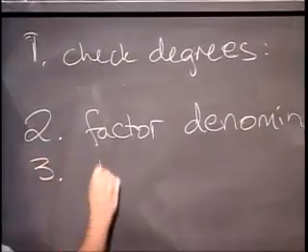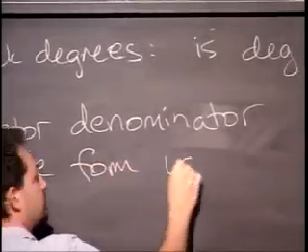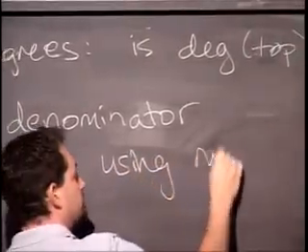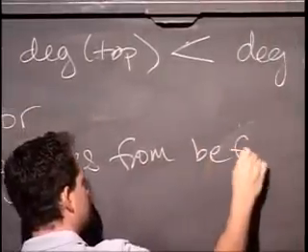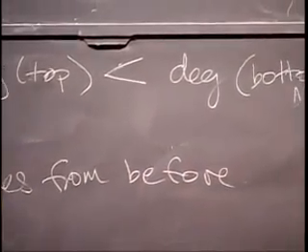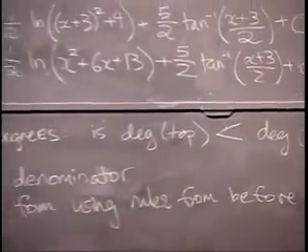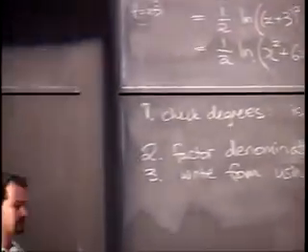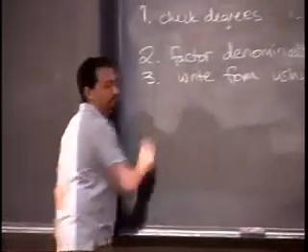Step 3, write down the form using the rules I wrote up before. Maybe they should be part of the summary, but since I've already given them to you, they were written on the previous board there once upon a time, and hopefully in your notes and definitely in the book, then that's where you pull out that.